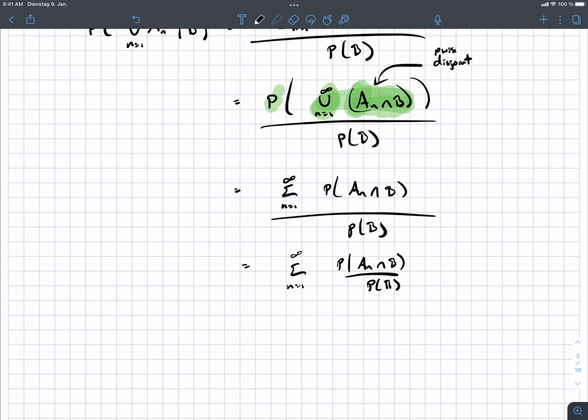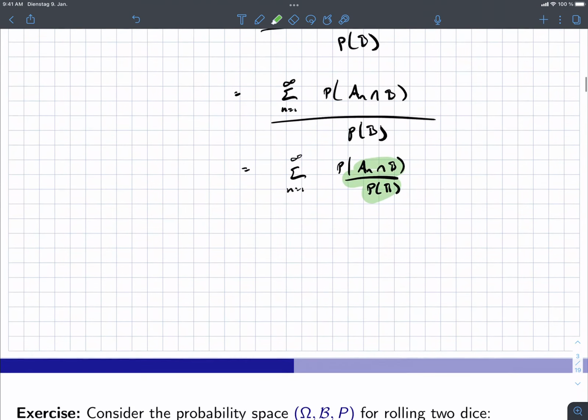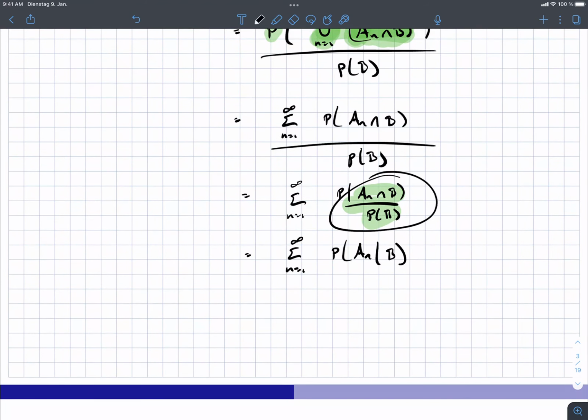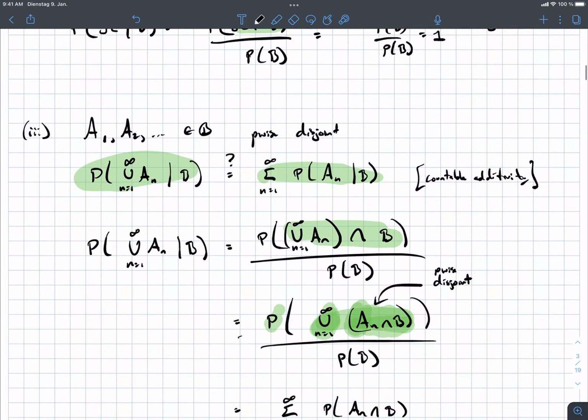Probability of B is down there for every single term in the sum. And so this is just the probability of A_n given B, according to the definition of conditional probability. So we're also happy with the third axiom.